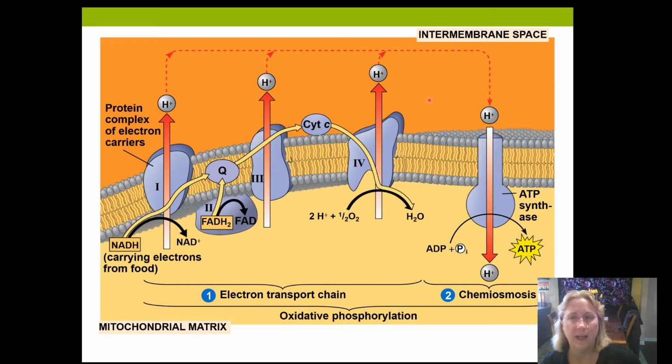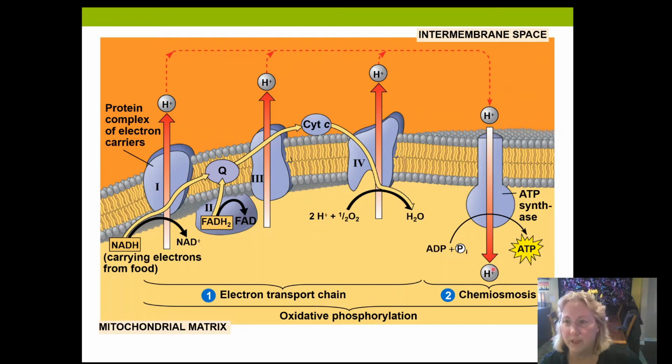If you add extra hydrogen ions to a solution, what does that do to the pH of the solution? It makes it more acidic. So this intermembrane space, if the mitochondria are functional, is going to be a little bit acidic relative to the matrix of the mitochondria or the cytoplasm of the cell.